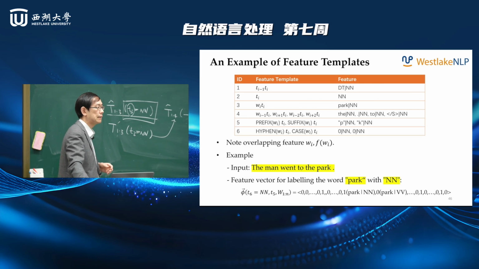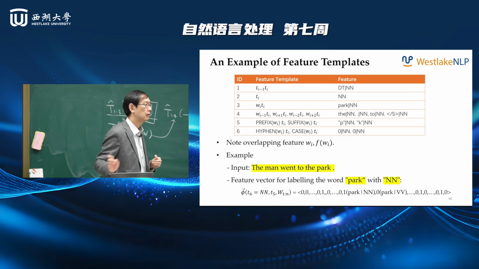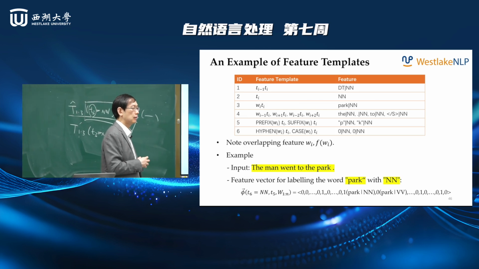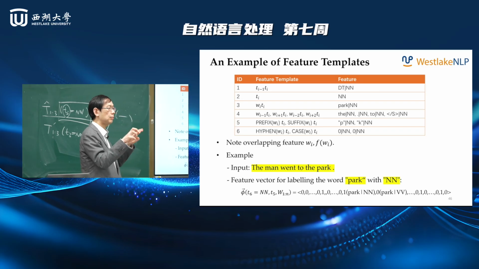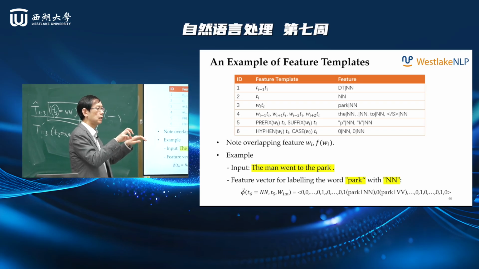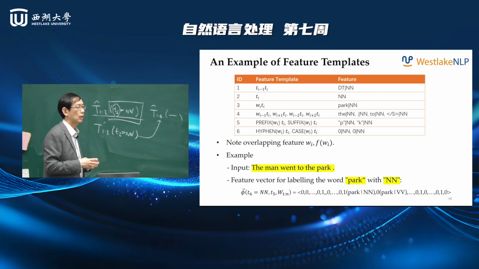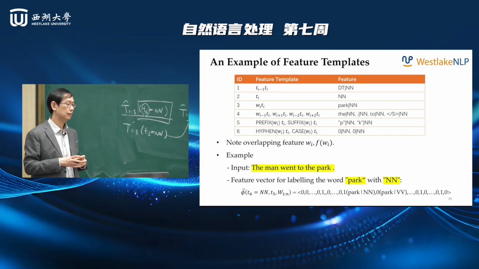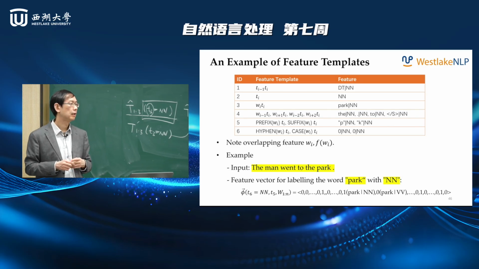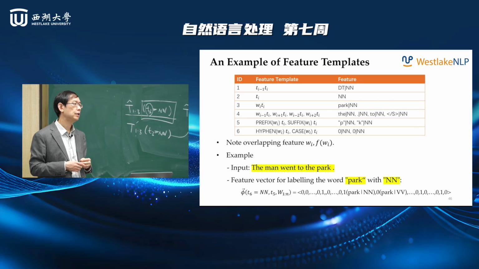How do we represent one tag, k minus 1 history, and the word sequence? We already know the technology, which is to define a set of useful features to this end.